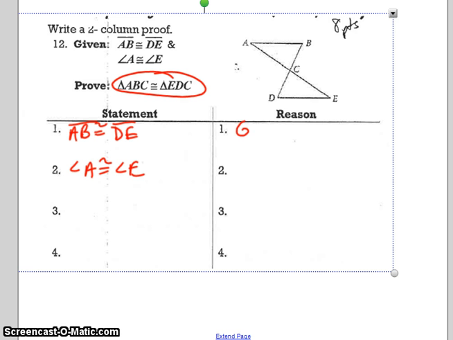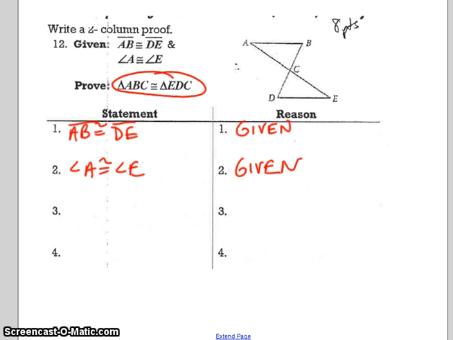On to the proofs. Write a two-column proof. AB is congruent to DE, and angle A is congruent to angle E. We have to prove that these two triangles are congruent. So if you write your reasons first, we got two pieces of information.